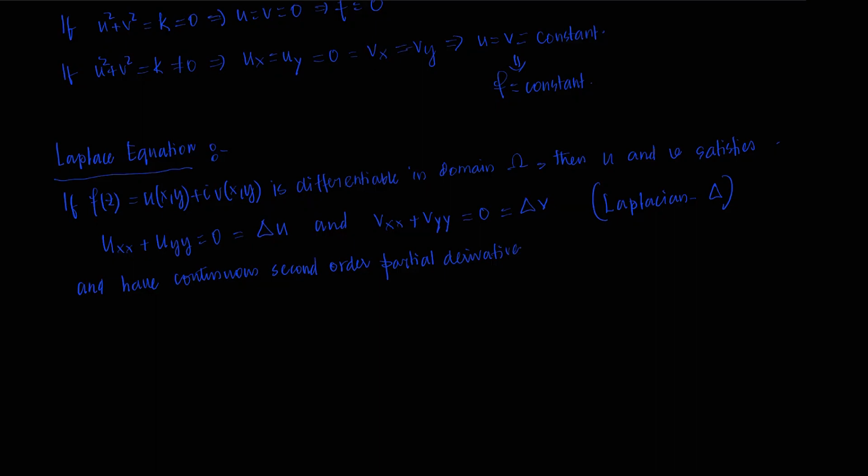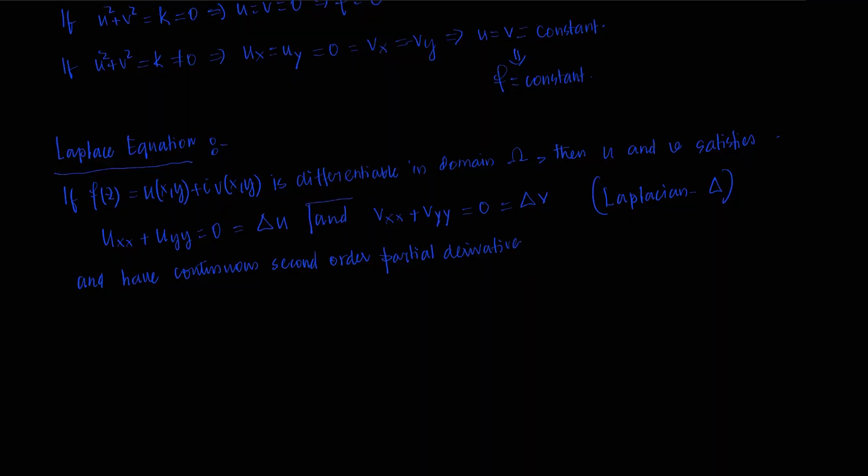In the last part, we just showed that if it is differentiable, ux, uy, vx, vy all exist and they satisfy the CR equation. Here we are saying much more. Not only do u and v satisfy the Laplace equation, uxx plus uyy equals 0, and vxx plus vyy equals 0, not or, but both are satisfied. And those partial derivatives are continuous. So u and v have second order partial derivatives which are continuous.